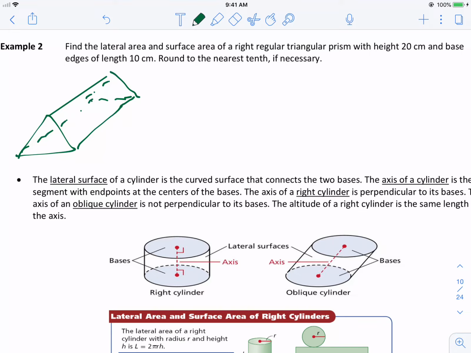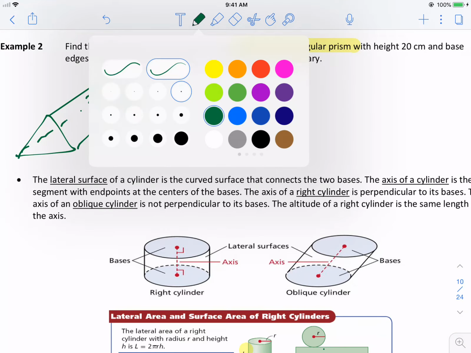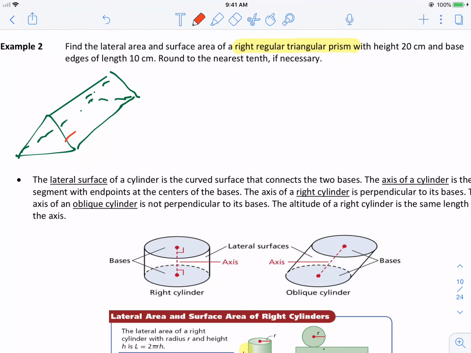We know from our description, right here it says right regular triangular prism. So what that tells us is that where the base and the lateral edges intersect will be a right angle. The two bases here are the triangles.